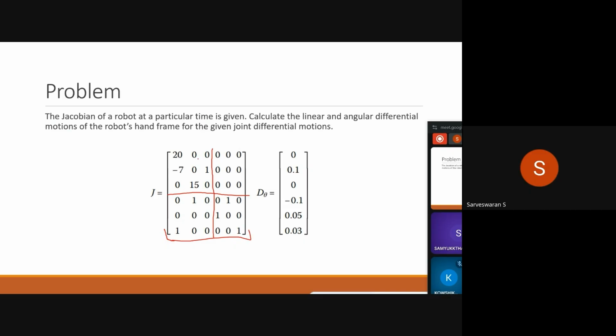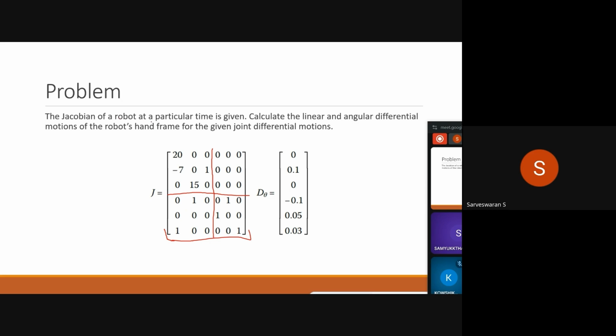In most of the problems, the Jacobian will be provided already, and we are also provided with the joint velocities, everything in radians: 0, 0.1, 0, minus 0.1, 0.05, and 0.03. These joint velocities are provided in radians, not in degrees.